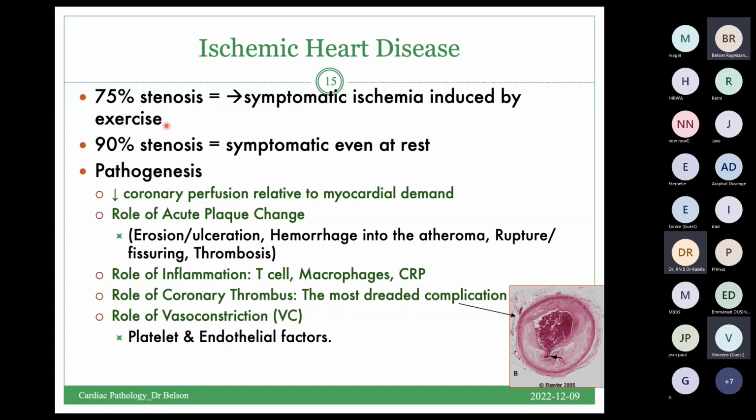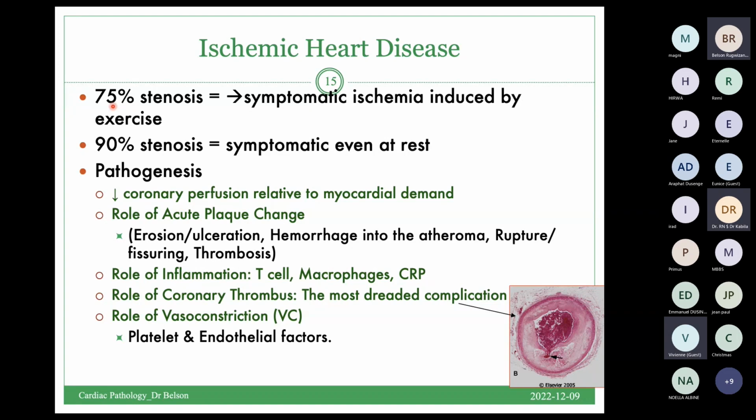When it is more than 75%, these are symptomatic even at rest. Otherwise, iyo igeze kuri 75 kw'ijana, azagira symptoms mu gihe akoze exercises cyangwa mu gihe ateruye ibintu, so mu gihe akoresheje imbaraga nibwo uzaba symptomatic. Otherwise, ubundi umuntu azaba symptomatic even at rest, igihe stenosis, igihe vessel izaba yifunze kugera kuri 90%.